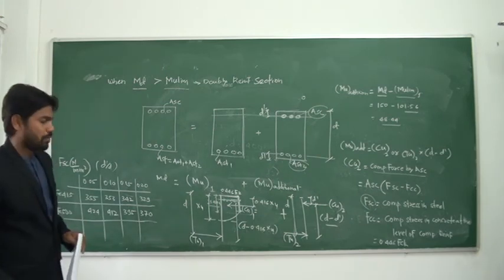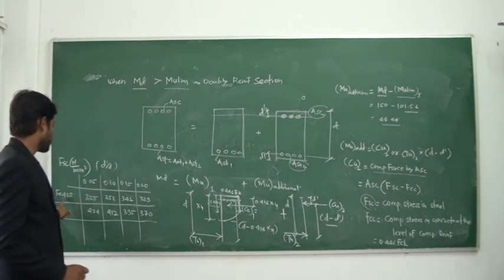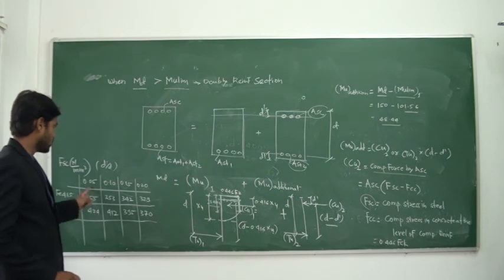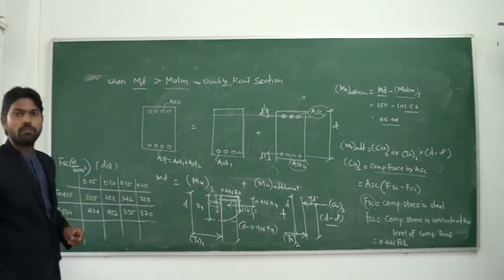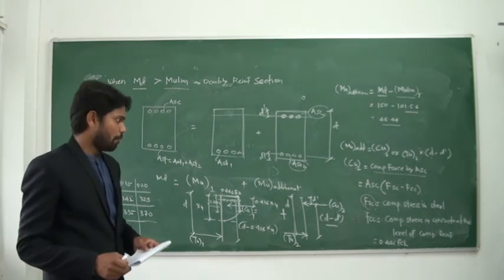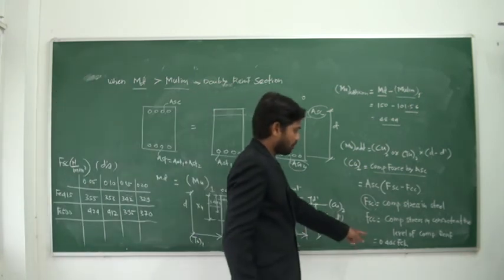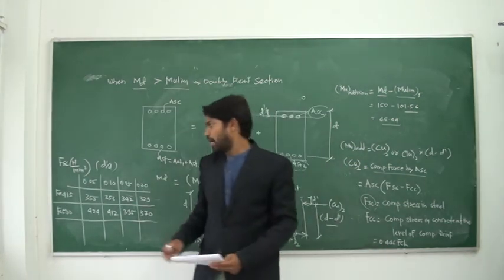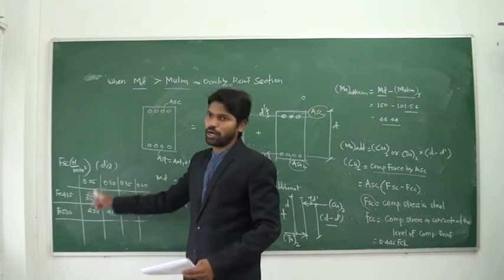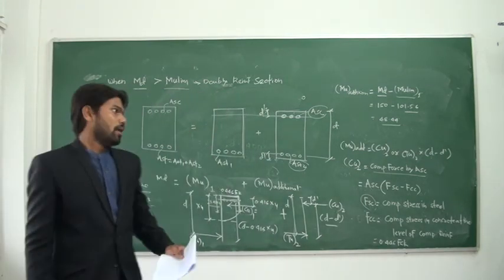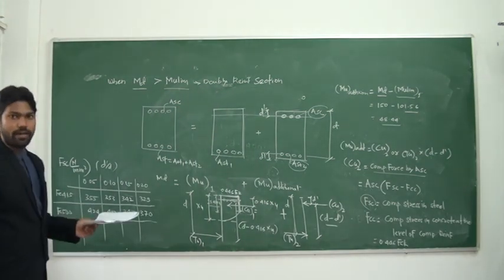For your particular beam, you have to calculate this ratio, check the grade of steel, and take the value of FSC by interpolation. So FCC can be calculated by using this equation and FSC by using this chart. In the exam also this chart will be provided to you.